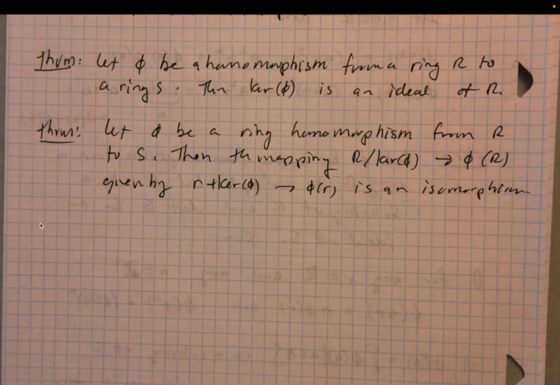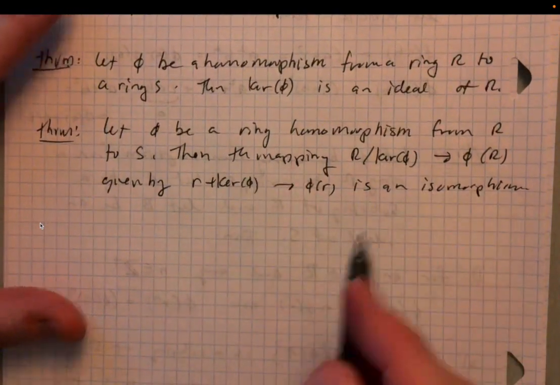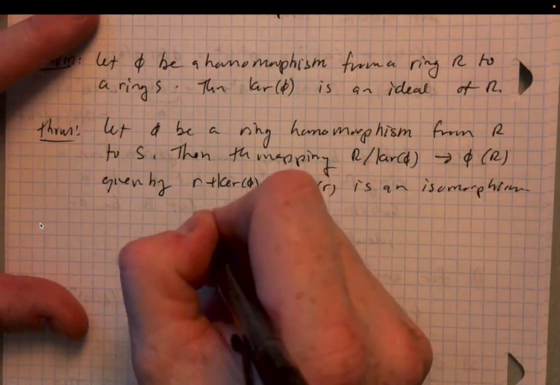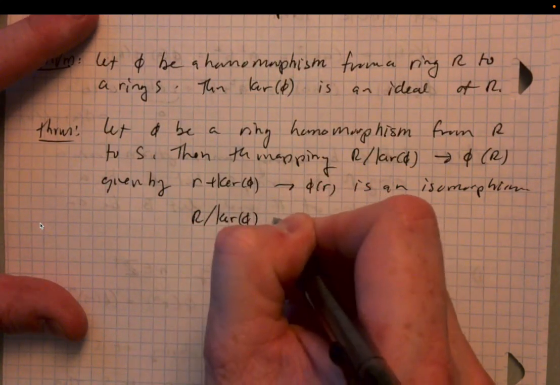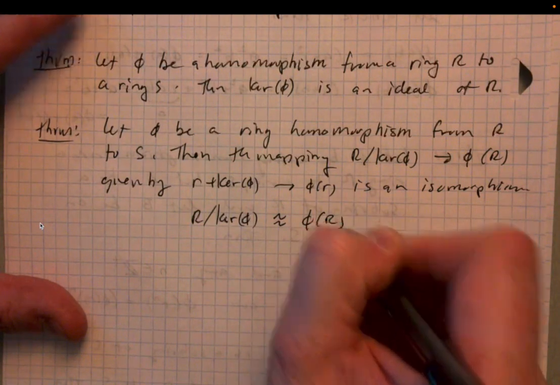Okay. So in symbols, the notation we might be more comfortable with is R mod kernel of phi is isomorphic to phi of R, right?